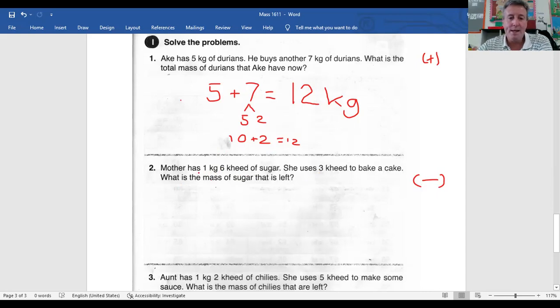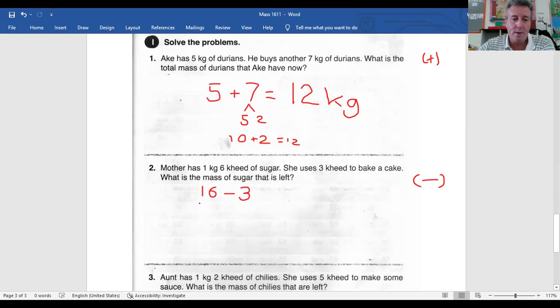So let's do our place values and make them all the same. So we're only going to have keyed and keyed. So 1 kilogram 6 keyed is 16 keyed minus 3.